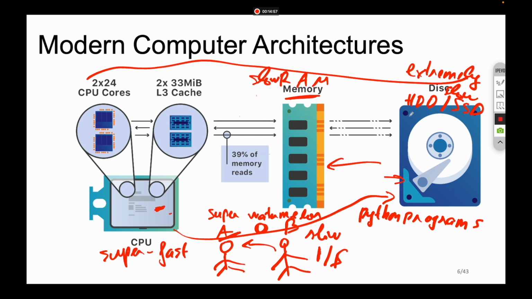It's faster than an HDD or SSD, but still slow. And then inside the CPU we have another memory called cache memory. It's much faster. We store data here first, and then it's ready for the CPU to process.